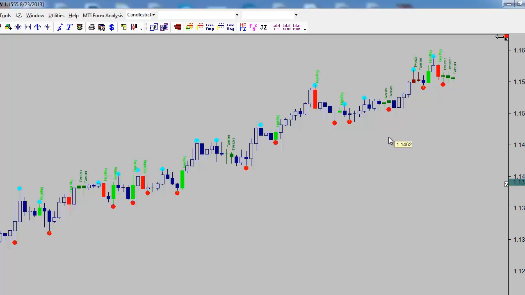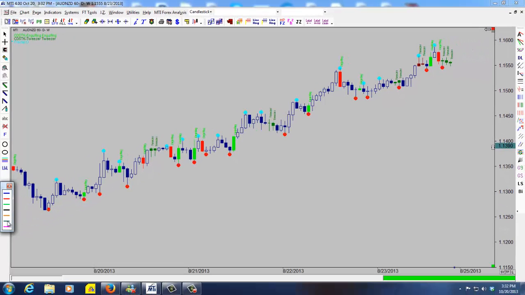So the first thing we need to do is, you can draw a trend line if you'd like. I think it's sometimes pretty helpful if you do.